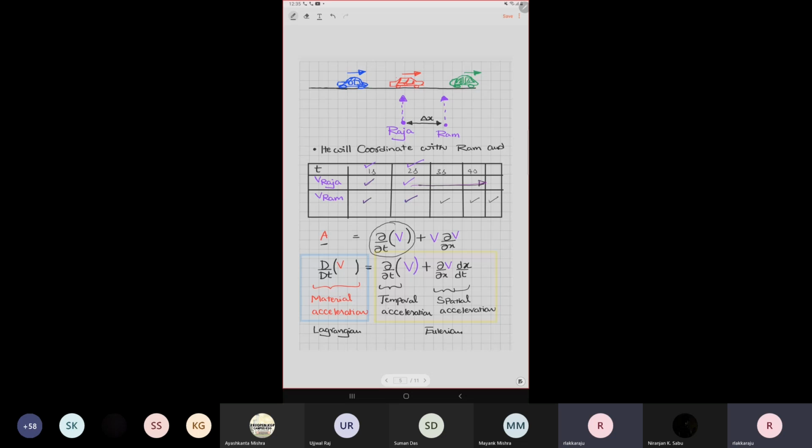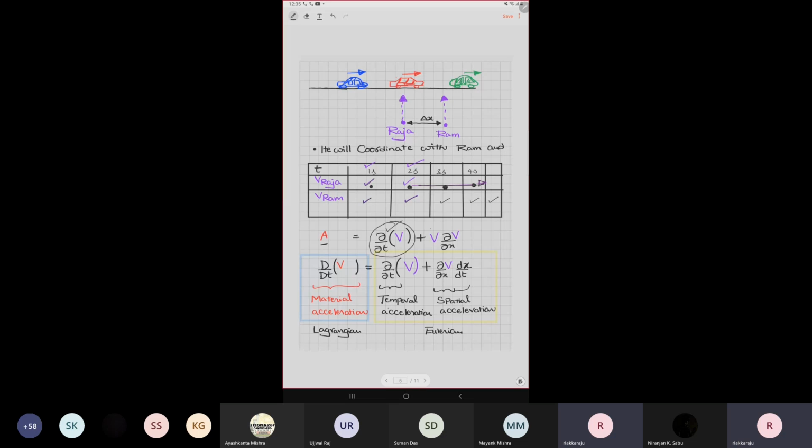Though it looks like partial differentiation at this point, let us assume the second information minus the first information by 1 second. Third second information minus second information by 1 second. Fourth second information minus third second information by 1 second is what I mean by del V by del T. Only at Raja's location will I calculate it.